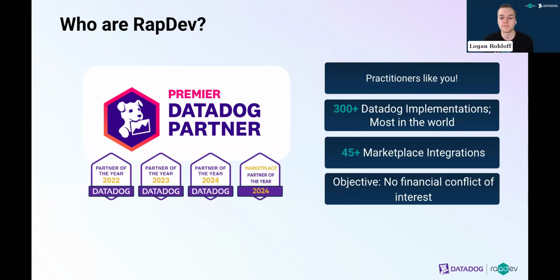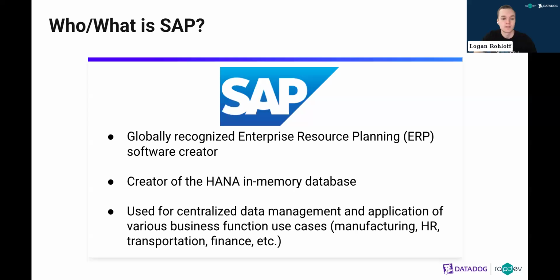We develop additional integrations for different pieces of infrastructure or applications that Datadog doesn't cover out of the box. So we have a lot of experience integrating with all sorts of different platforms, old and new, to help enhance that single pane of glass visibility that we love about Datadog.